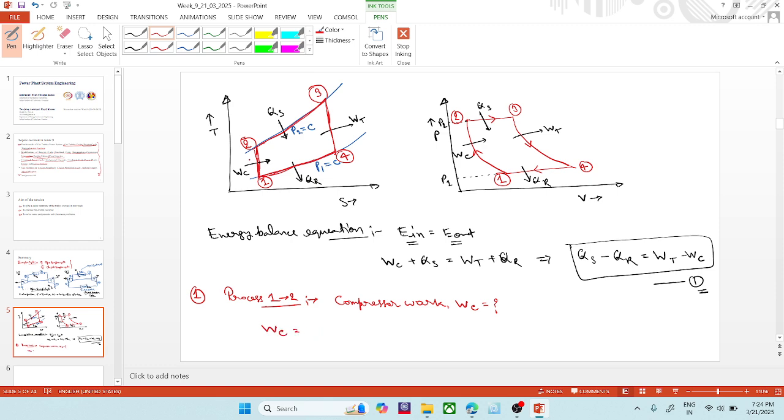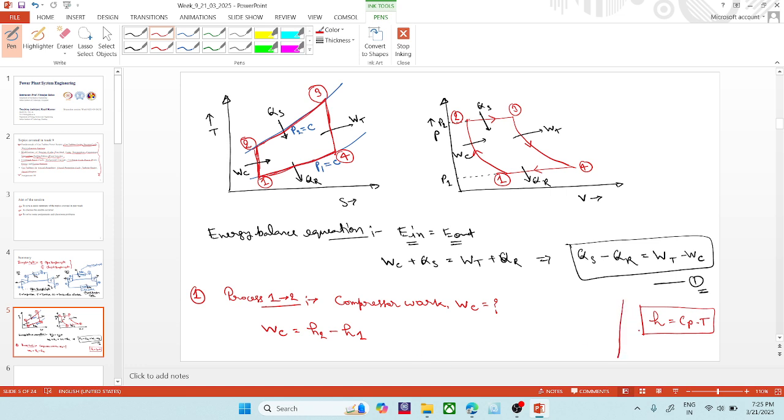The value of compressor work would be enthalpy at point 2 minus enthalpy at point 1, H2 minus H1. For the ideal gas, H would be Cp into T, and T is the temperature in Kelvin.